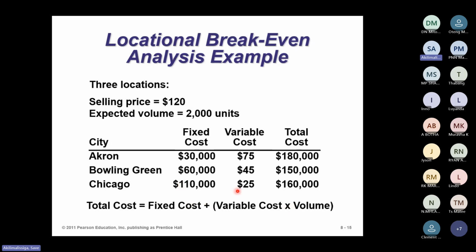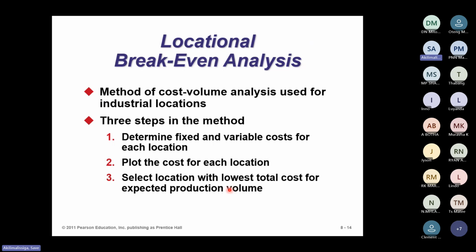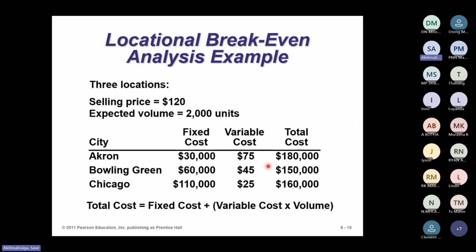Remember, going back here, from the steps, it says determine the fixed cost and variable cost. Once these costs are known, you now plot the cost for each location. So in other words, a graph has to follow.